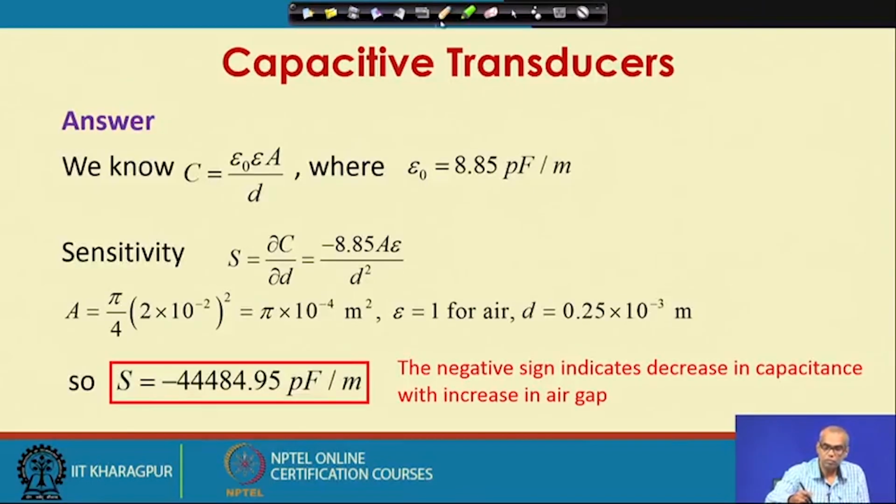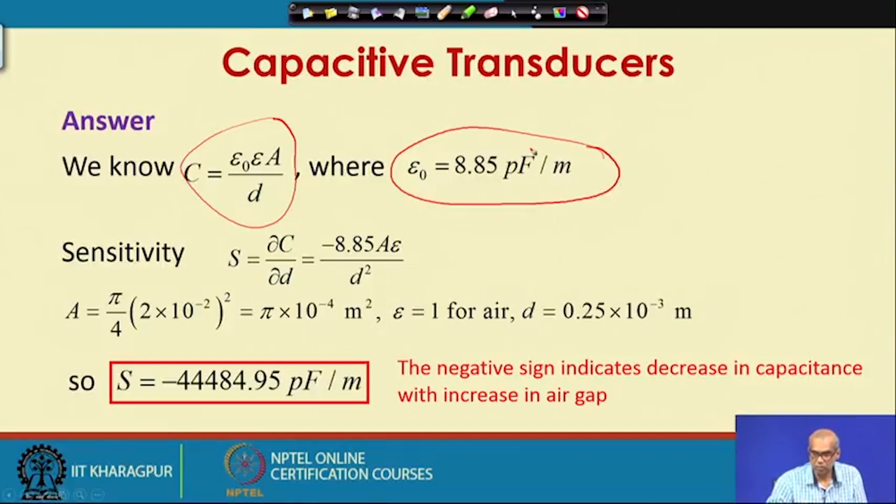So, we know this expression for capacitance. We need to know epsilon 0 is 8.85 picofarad per meter. Sensitivity is del C del D. You remember we wrote minus k by d square. So, that k is minus epsilon 0 epsilon into A, so minus 8.85 A into epsilon.